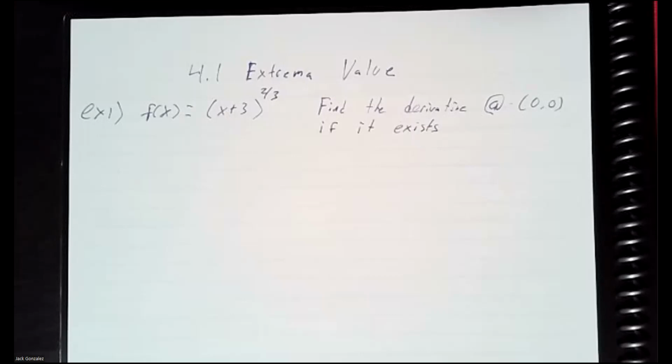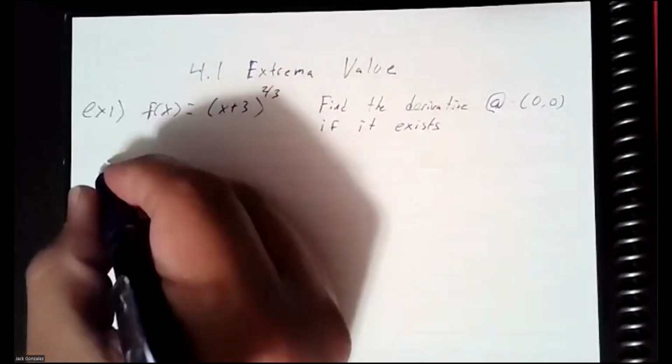All right, so they give us a function, and they want us to find the derivative at the indicated value. Now, if you didn't have a graph and you didn't know what the extremum was, what you would do is take a derivative first.